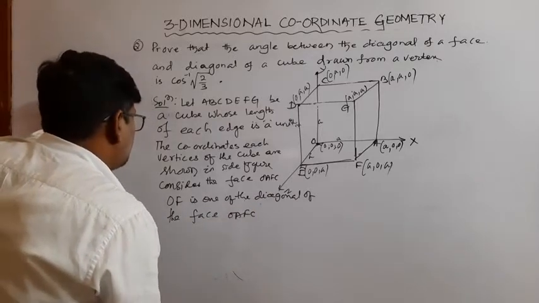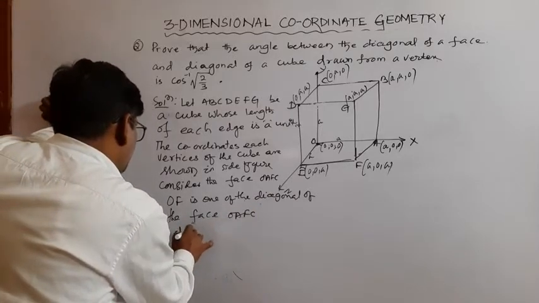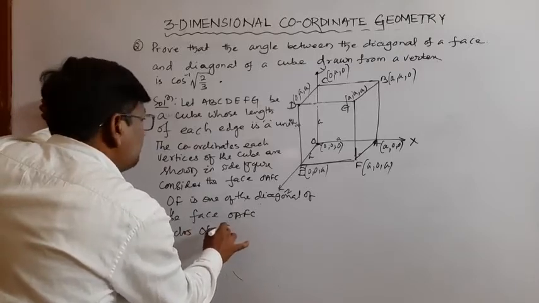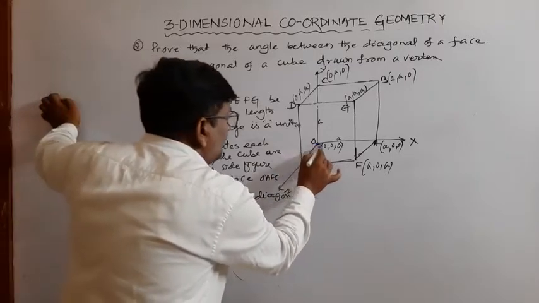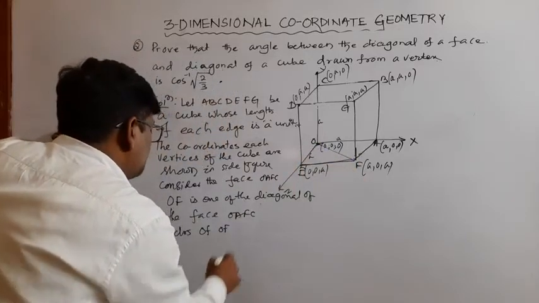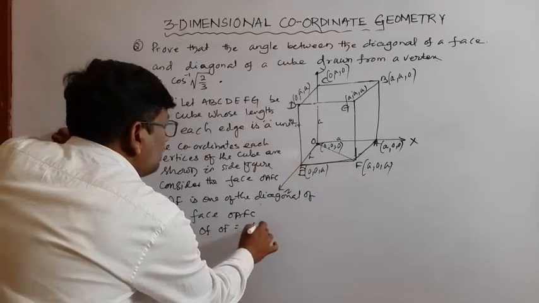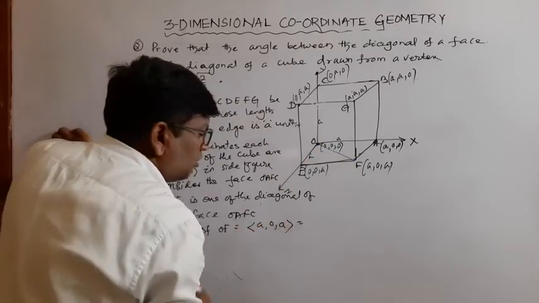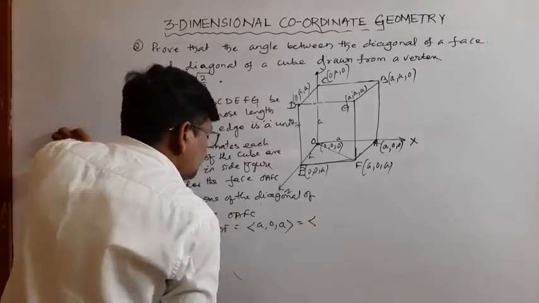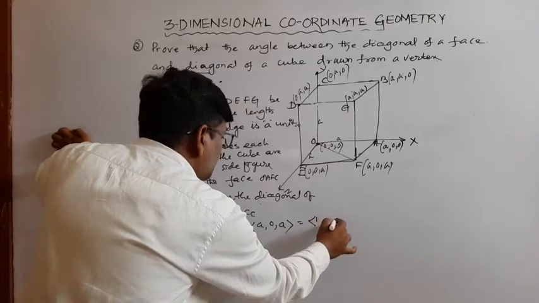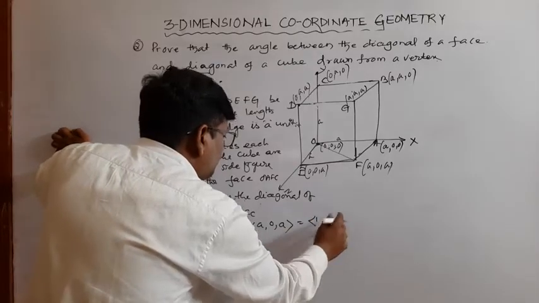Now the DRs of OF, this is a diagonal, is equal to (A, 0, A), or we can take A common, that is (1, 0, 1).